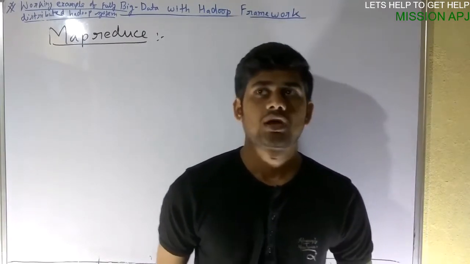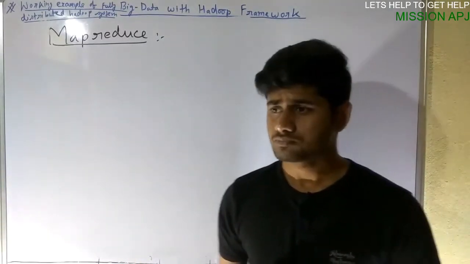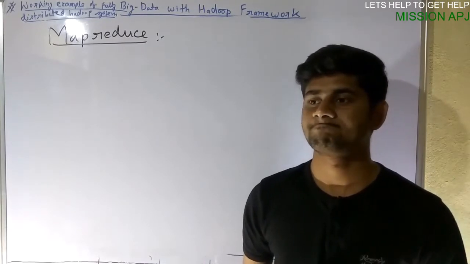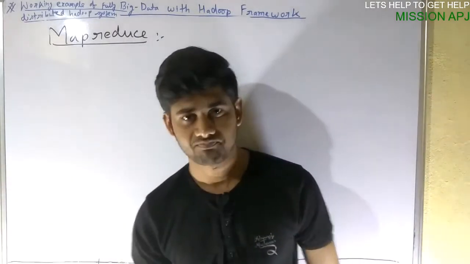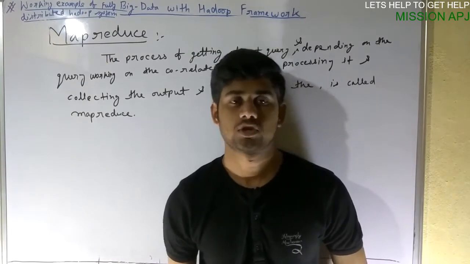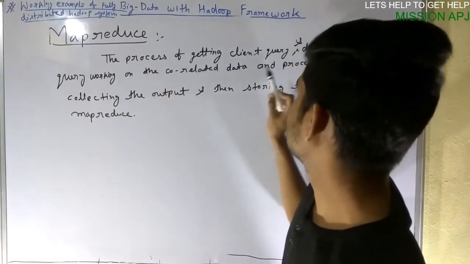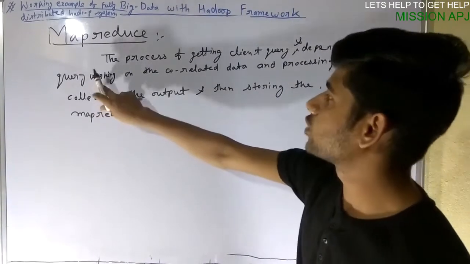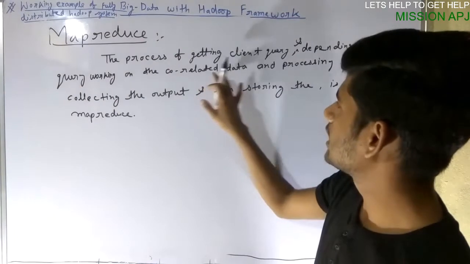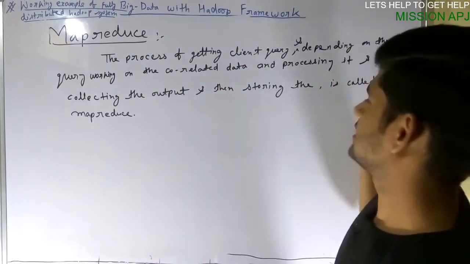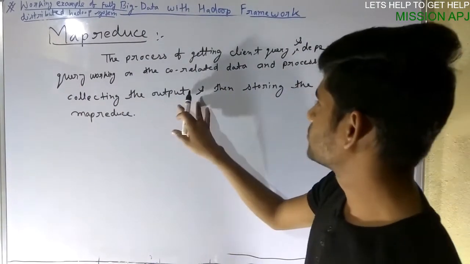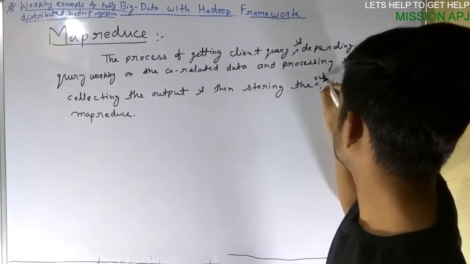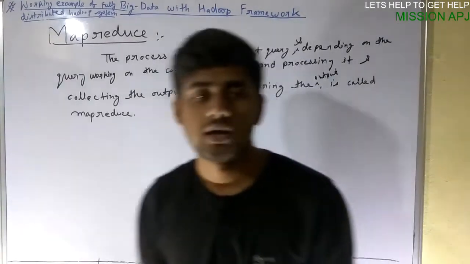Okay, so let us understand what MapReduce is, first the definition. The process of getting a client query and, depending on the query, working on the correlated data, processing it, collecting the output and then storing the output is called MapReduce.